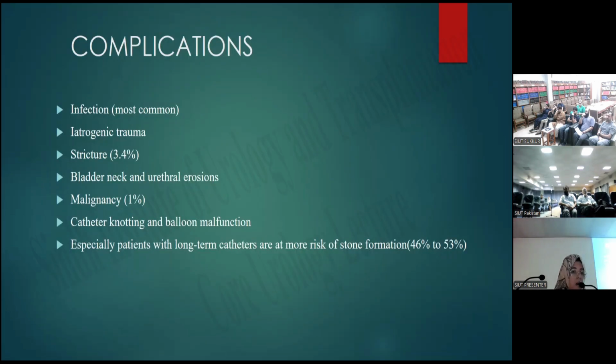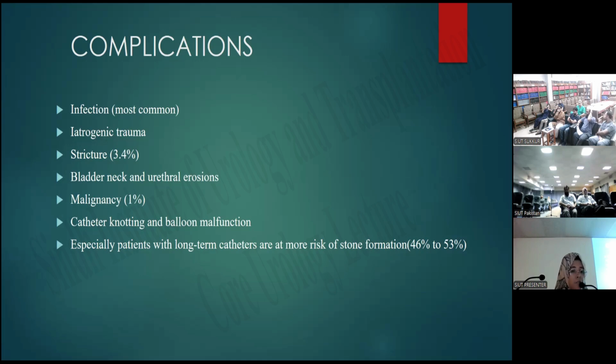The complications associated with lower urinary tract catheterization include infections, and most commonly iatrogenic trauma. Iatrogenic trauma can occur in cases of enlarged prostate, stricture urethra, or due to trauma of the urethra, prostate, or the bladder. If there is blood in the catheter, there is a suspicion you have created a false passage.